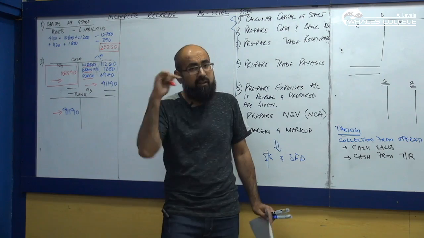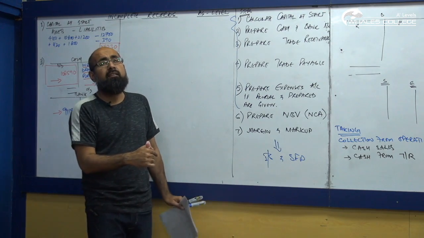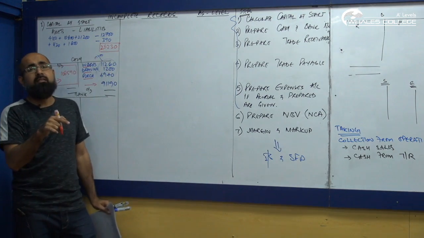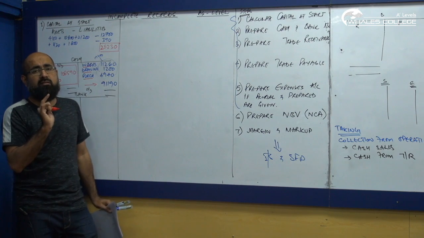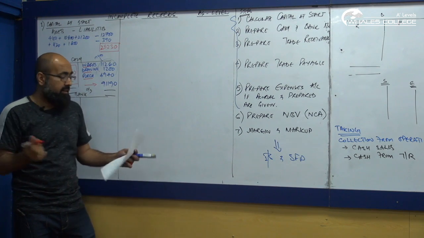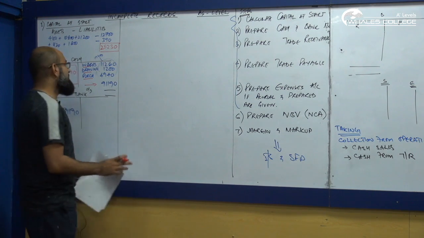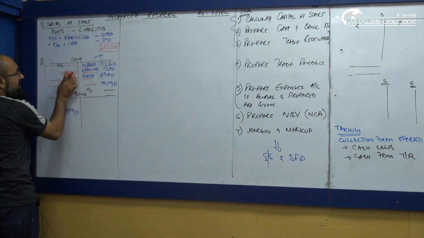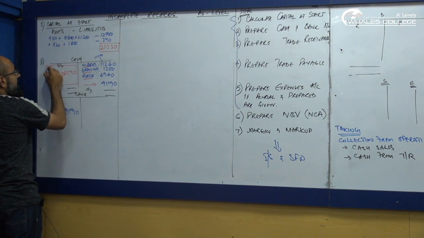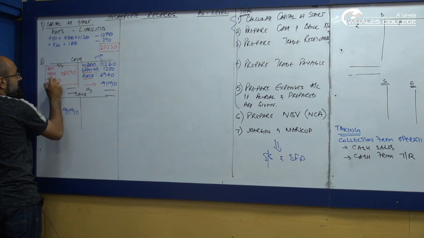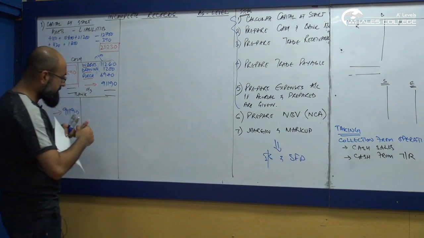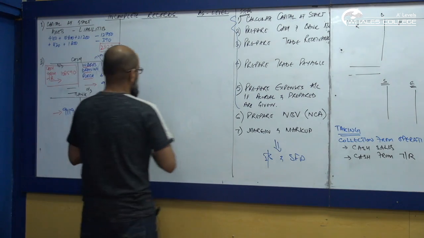So if account receivable is there, then there should be credit sales. Cash sales we don't know, and right now in front of the question there is no indication of cash sales. So this collection of a huge amount of money in cash is the cash from receivables.